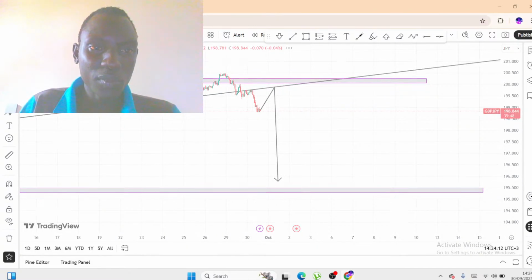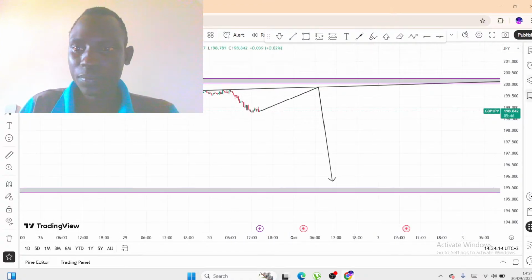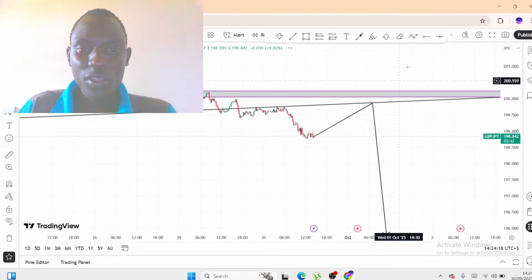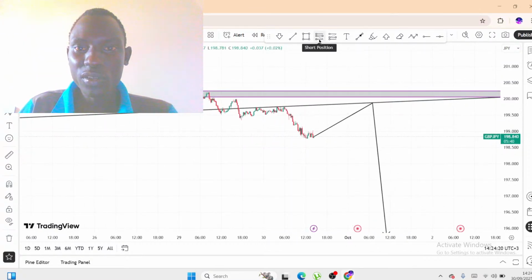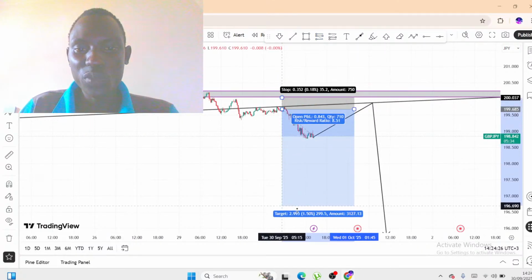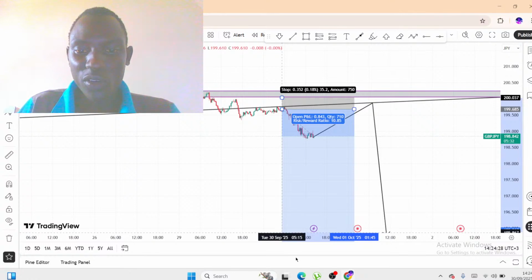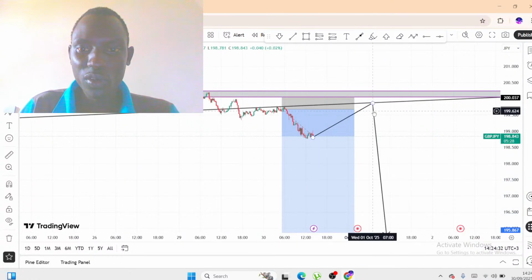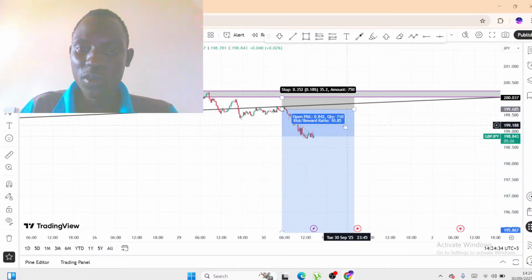Let's go to the 15 minutes time frame and we see. So this is the same thing. Let's say you had sold from here, short, which was going to be a clear one. Of course, we know the market is going to reach down, but not right now.